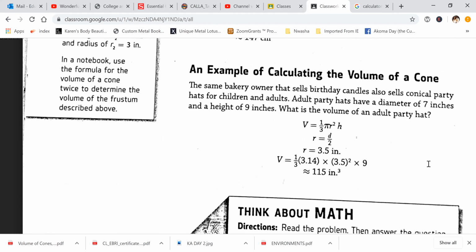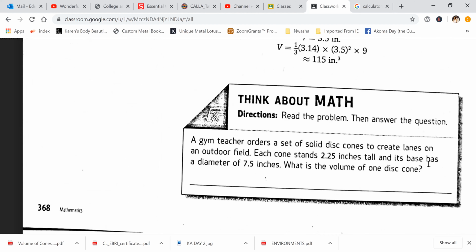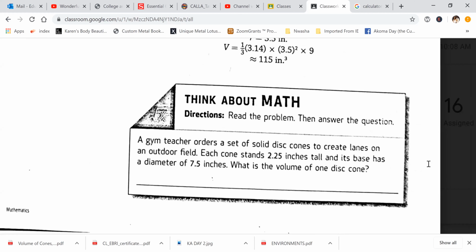So now we've got one more think about math. It says a gym teacher orders a set of solid disc cones to create lanes on an outdoor field. Each cone stands 2.25 inches tall and its base has a diameter of 7.5 inches.